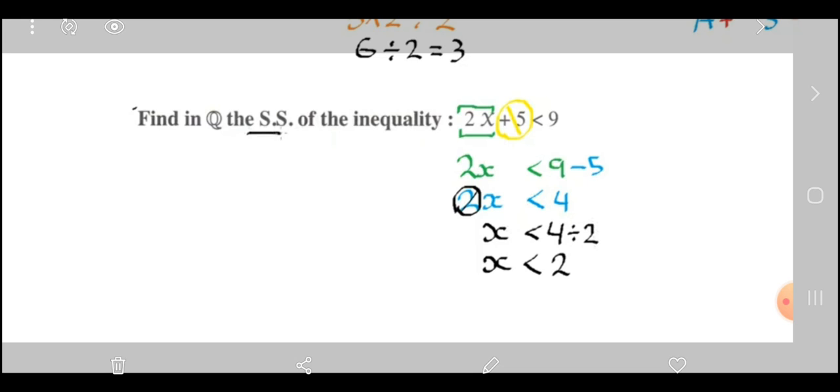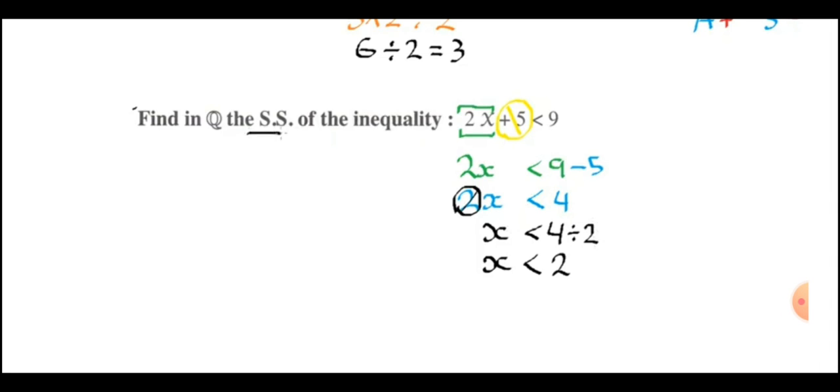Then 2x less than 9 minus 5, then 2x less than 4. Okay? 2x means 2 times x, so we put 2 on the other side with divide because it's multiplied with x. Then x less than 4 divided by 2, then x less than 2.